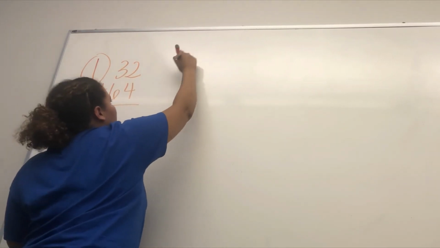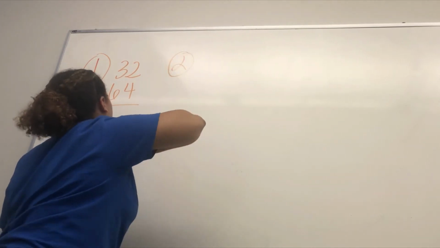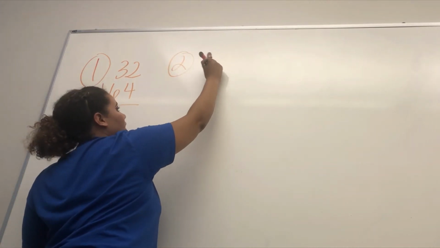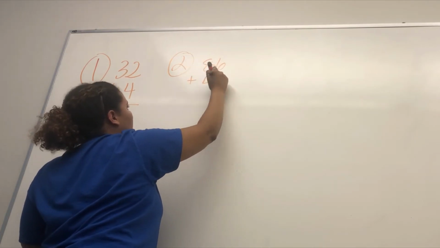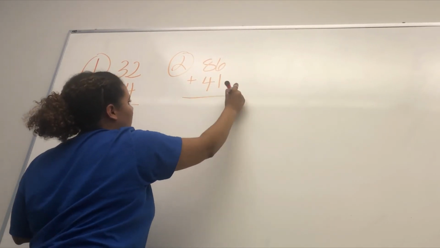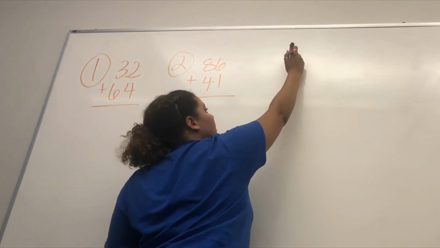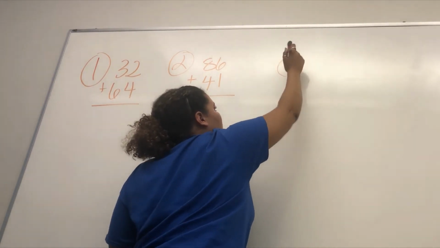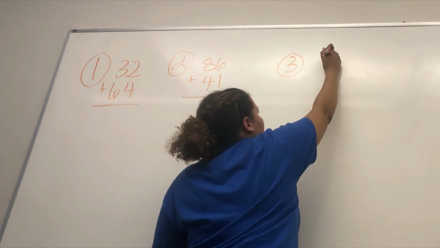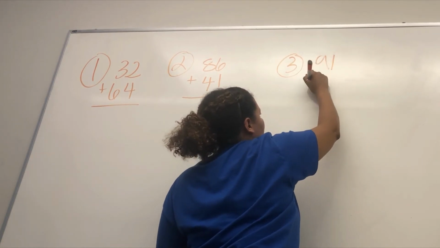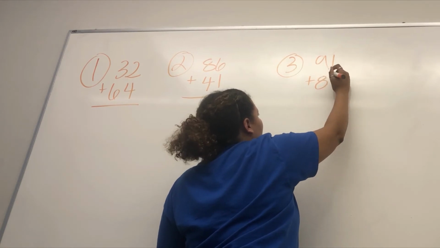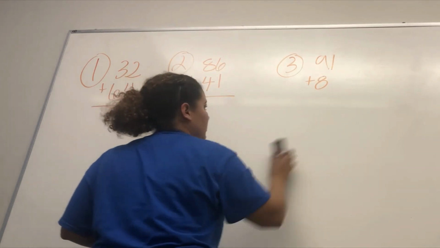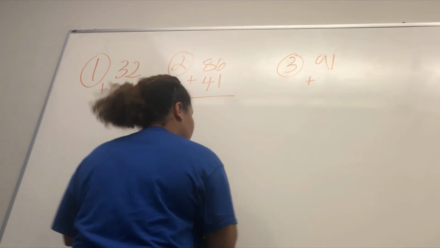Number 2 is gonna be 86 plus 41. Number 3 is gonna be 91 plus 18, not 80, 18.